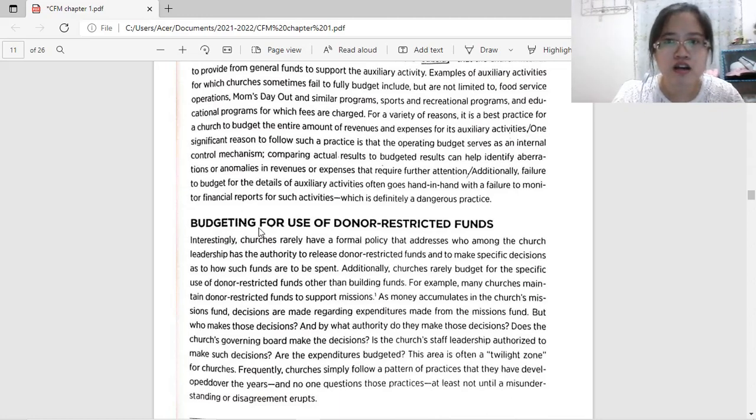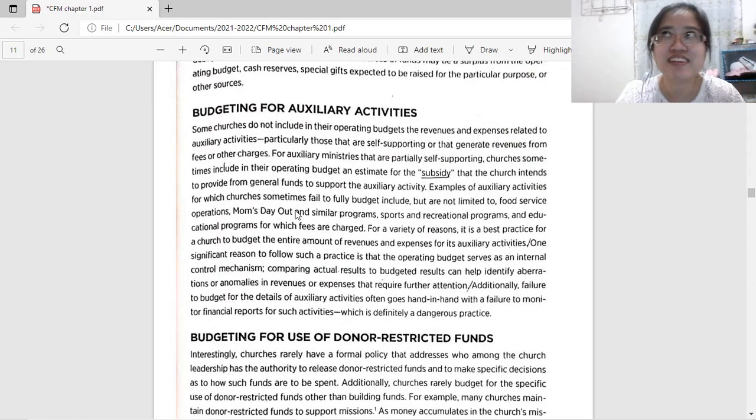For example, whenever there's a need, let's say someone is sick or someone had an accident, the church would raise money to provide subsidy or financial assistance for that purpose.